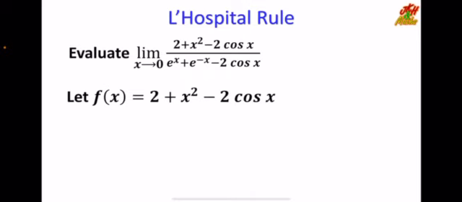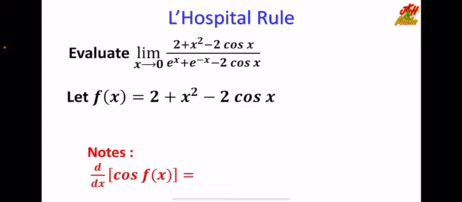So we assume that the numerator becomes our function f(x). So therefore f(x) is equal to 2 plus x squared minus 2 cos x. Since in the expression of f(x) here we have the trigonometric term cos x, let us take a look at the formula.